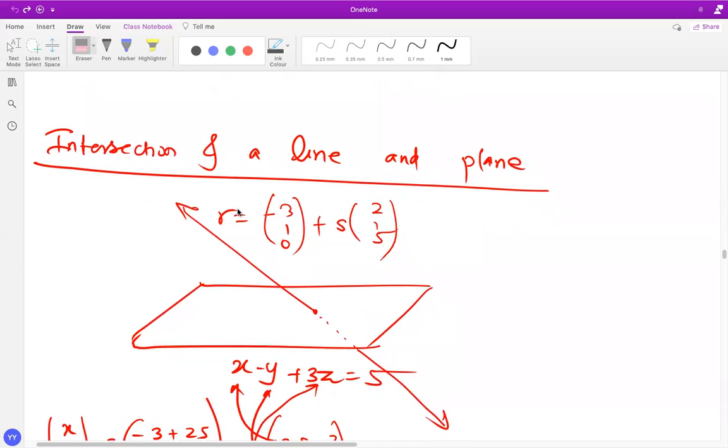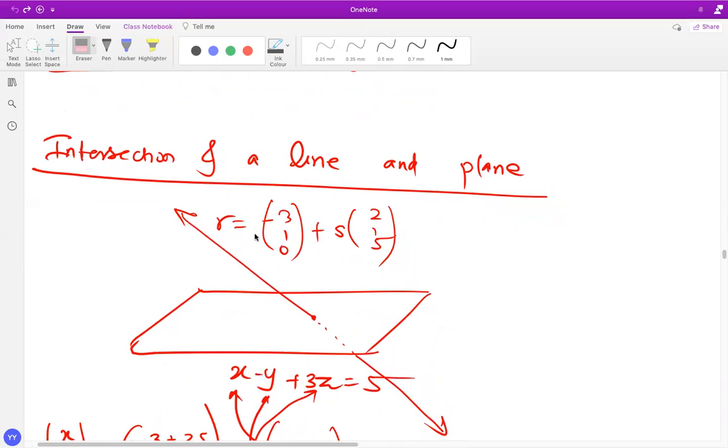For example, here they give you the equation of the plane and the equation of the line, and ask you to find the intersection. First, I'm going to find the position vector of this point in terms of s, because that point lies on the line.